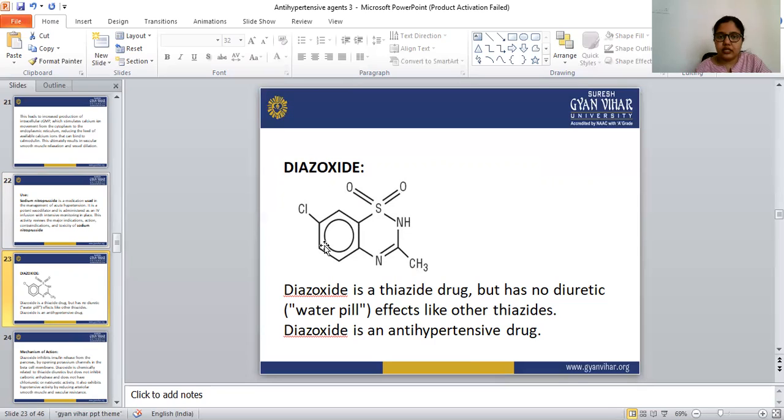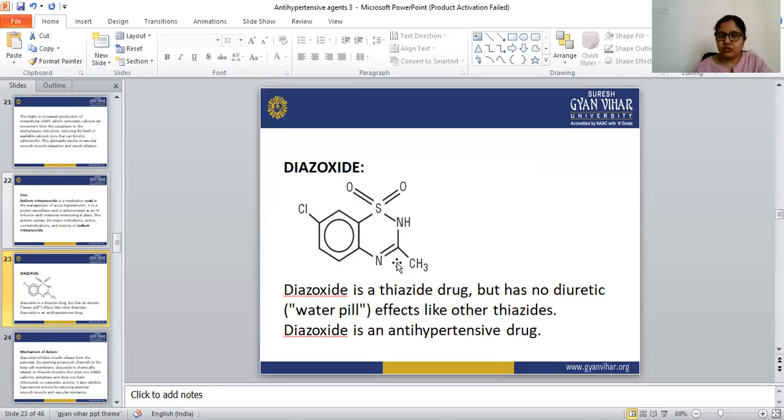Let's see here. At the seventh position there is no sulfonamide group, and that sulfonamide group is necessary for the activity of the drug. We number from this 1 2 3 4 5 6 7. At the sixth position there must be a chloride group or a fluoride group for diuretic activity, and at the seventh position there should be a sulfonamide group.